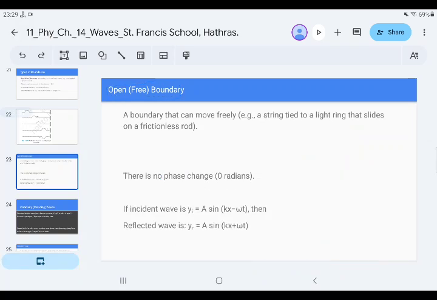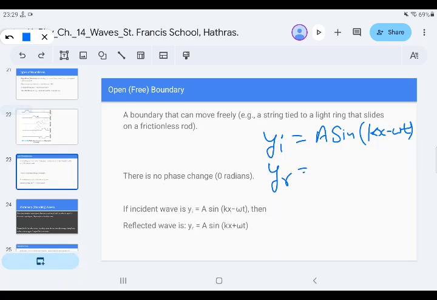Let us see what are the equations governing this reflection. As we already know, the incident pulse is represented by A sin(kx minus omega t), and the reflected one, not sound, actually it is a pulse.